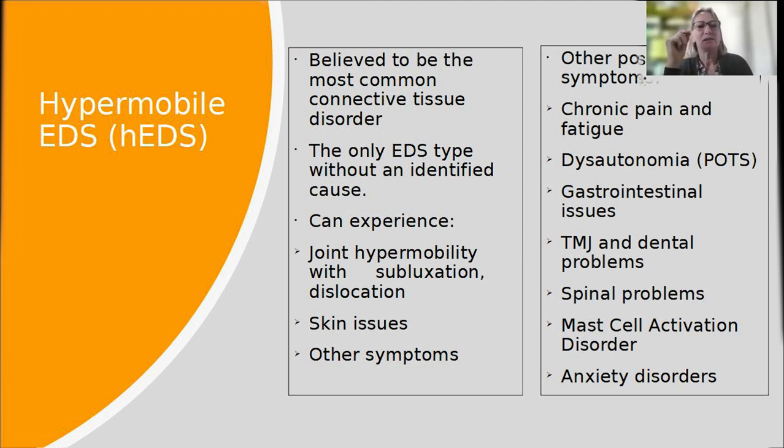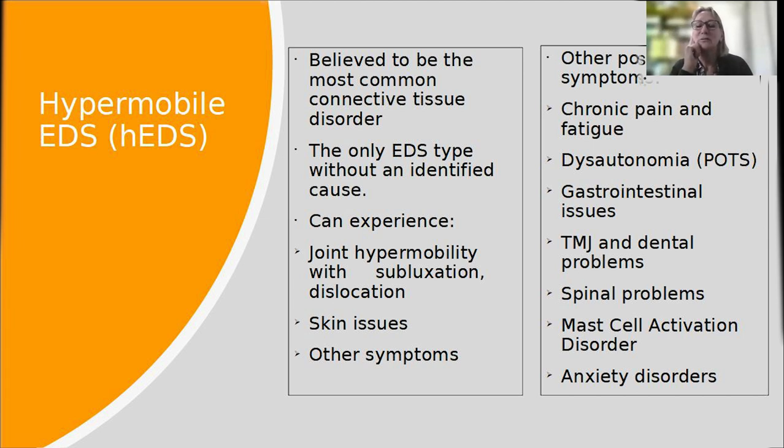The other symptoms that are associated with hypermobile EDS are the things that make the diagnosis start to get a bit difficult, and this is where I was talking about the overlapping or the dots not being able to be connected, because very often with hypermobile EDS you get chronic pain and terrible fatigue.